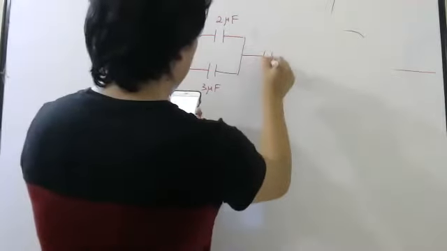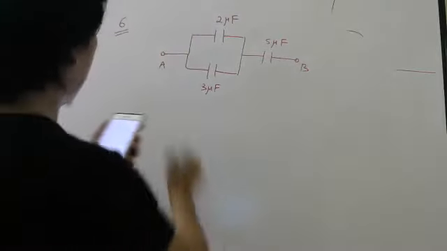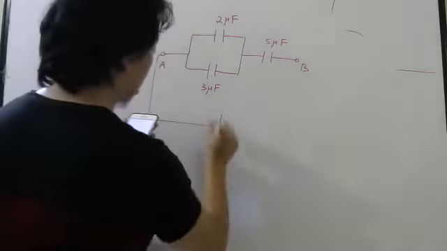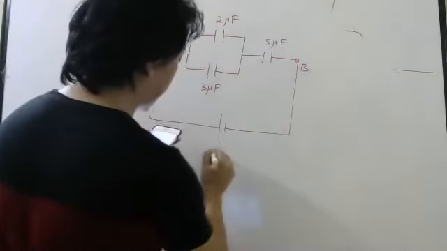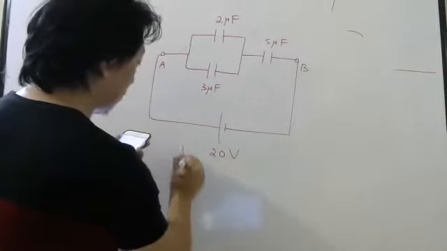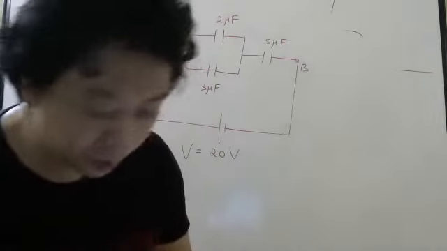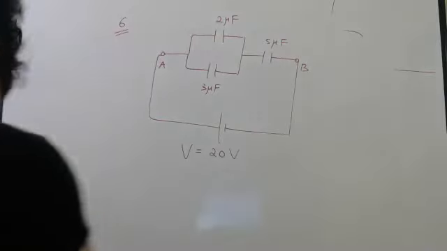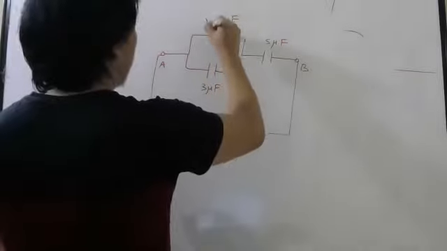And here is one capacitor, 5 microfarad. They are applying a potential difference of 20 volt between A and B. So this is your total voltage. What they want? Charge on 2 microfarad capacitor. So search where is 2 microfarad capacitor? Here. So they want charge here.